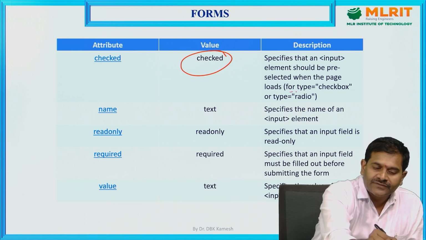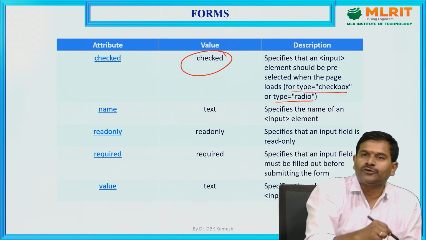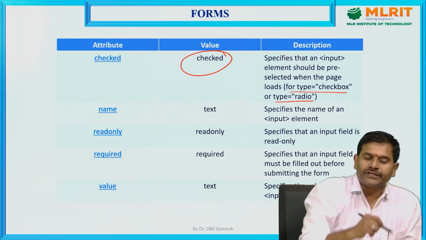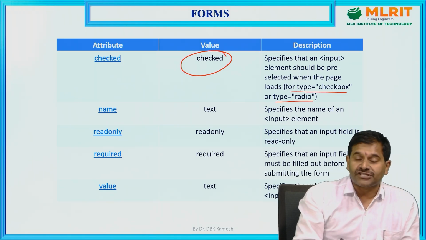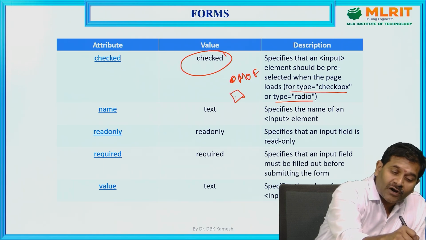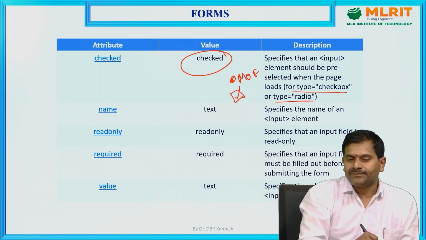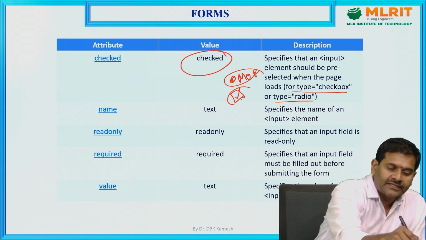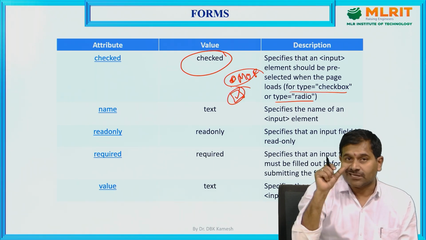The type you give will be shown here, checkbox or radio button like male or female. If it is a checkbox, it looks like this.